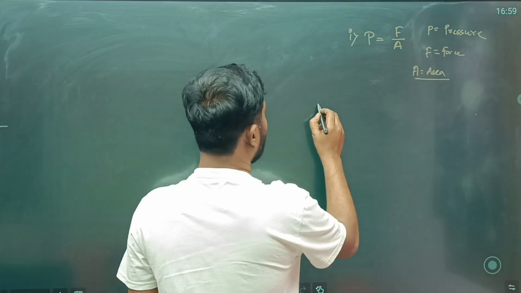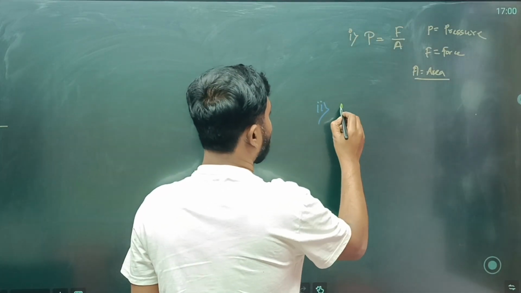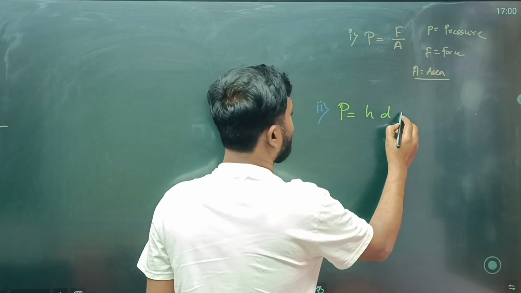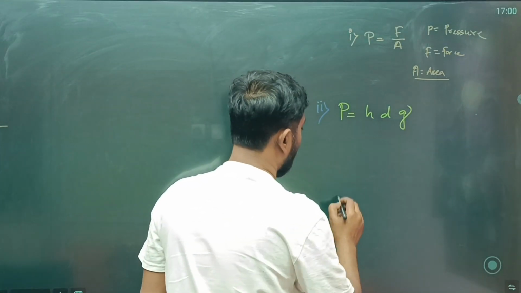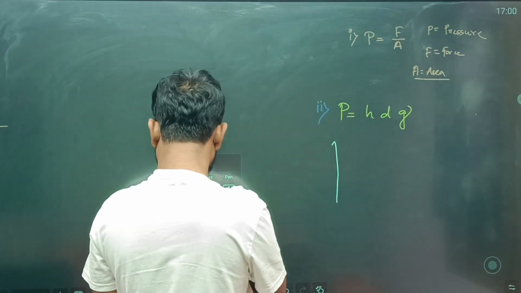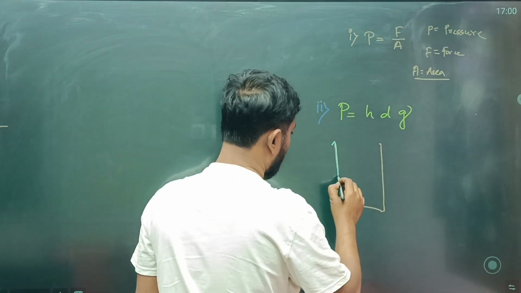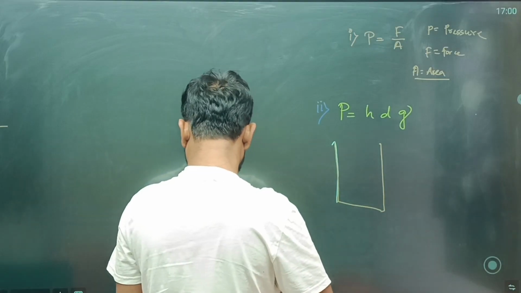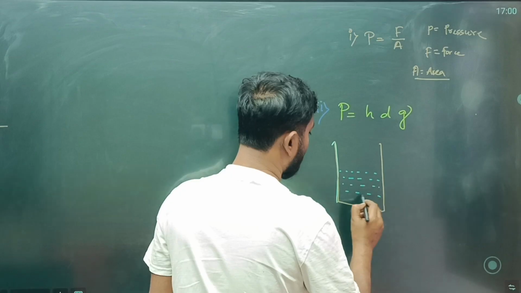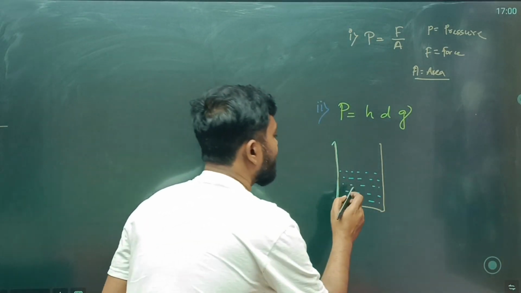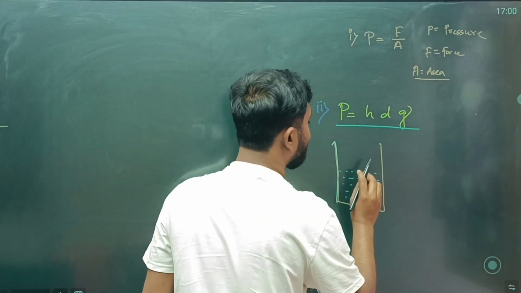And another important thing is the pressure inside a liquid, P is equal to h d g, which is applicable for any liquid. At any point in the middle of the liquid, what is the formula for pressure? P is equal to h d g.